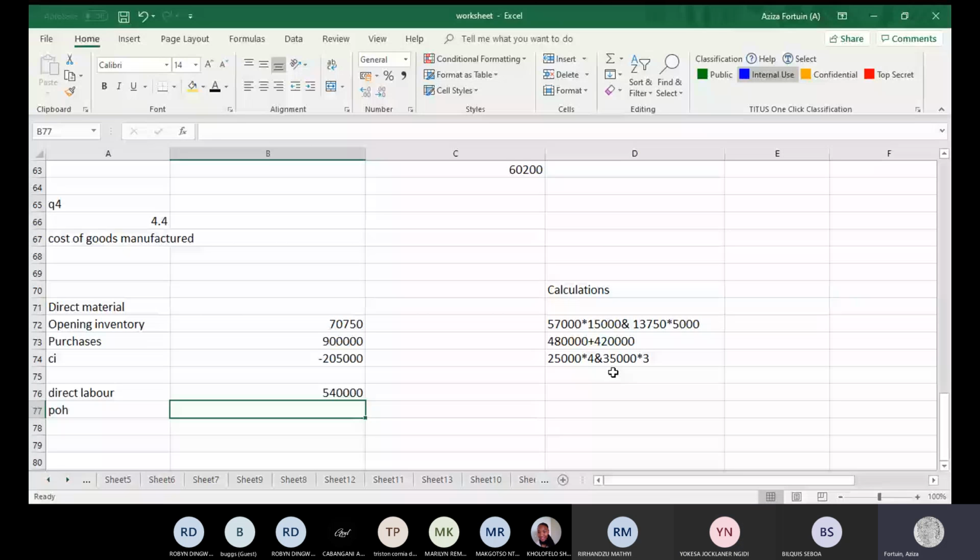Okay, anybody want to help Bilkis with our production overheads? Can you see my screen now?